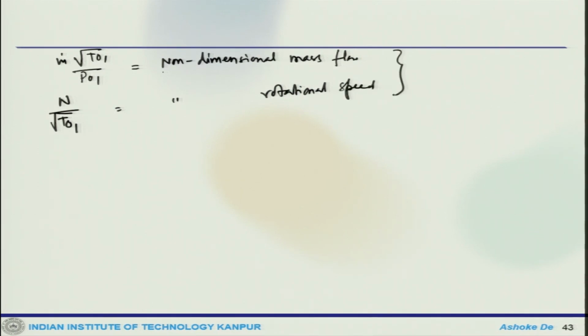So, these are the two non-dimensional parameters that would be important for further analysis: the non-dimensional mass flow rate and the non-dimensional rotational speed.